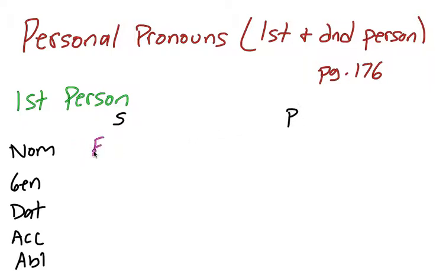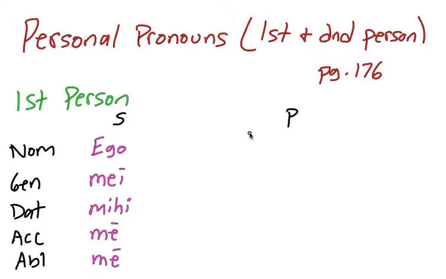Ego, which we've seen before, which we know means I. And then the genitive is mei, mihi is dative. Accusative is me, like me in English, and ablative is also me. So it goes ego, mei, mihi, me, me. It's really fun to say fast. Ego, mei, mihi, me, me.